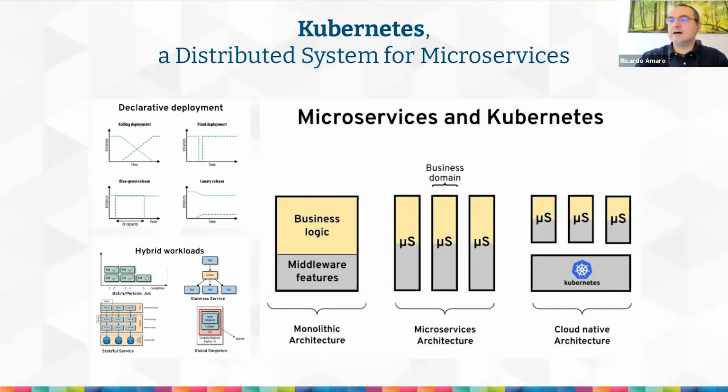So major things to consider are declarative deployments, enabling rolling and fixing deployments with the blue-green strategy or the canary releases, hybrid workloads, and all that sitting on top of a cloud-native architecture, as we see.